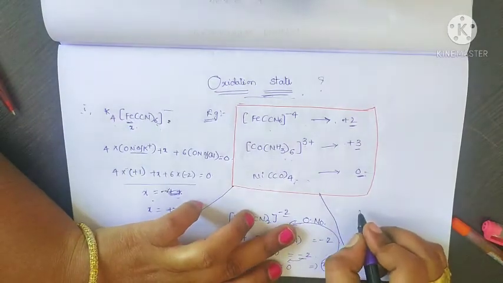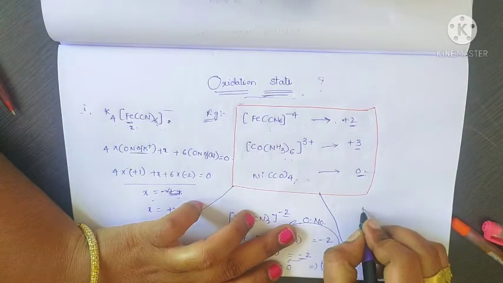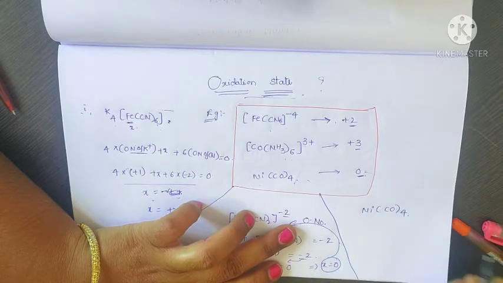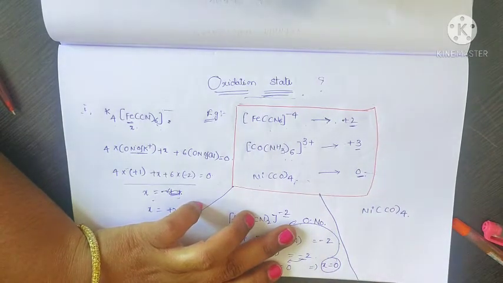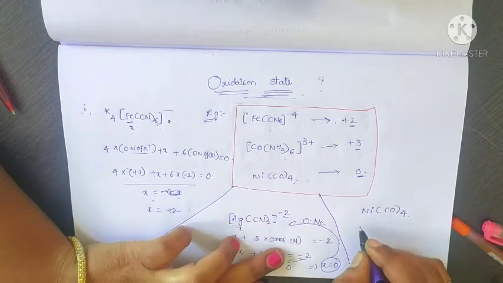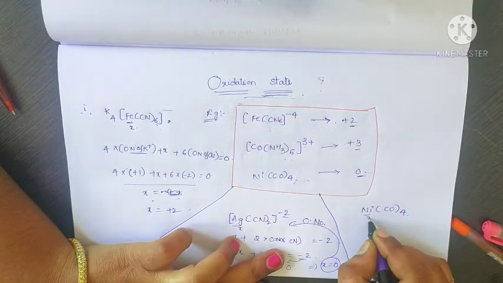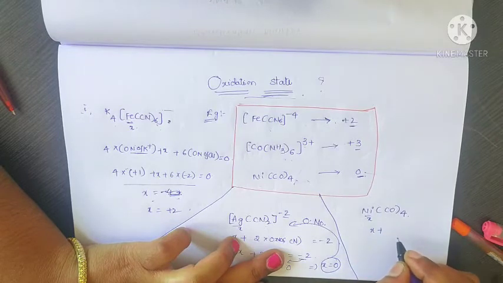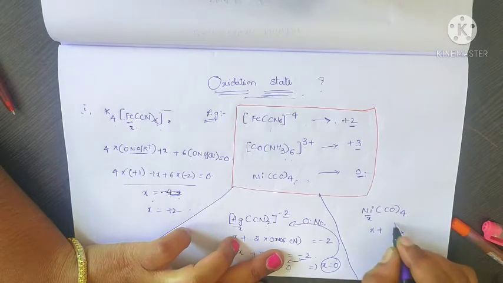And next example, look at here. NiCO 4. In this, CO and NH3, H2O have oxidation number 0. So nickel to be X and CO 4 times, 4 ligands are there.